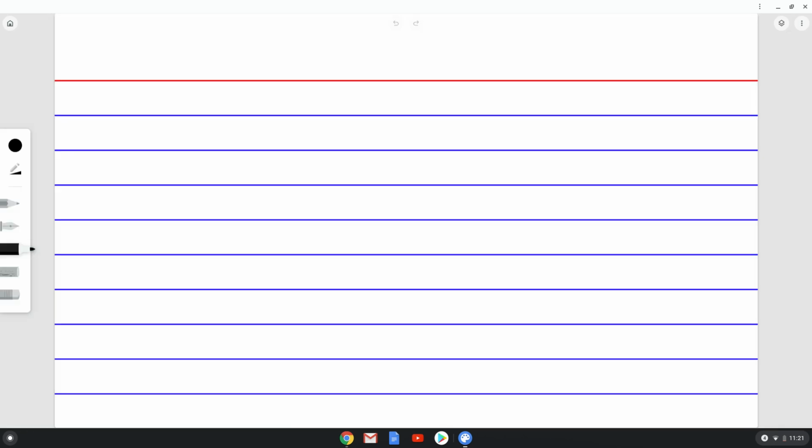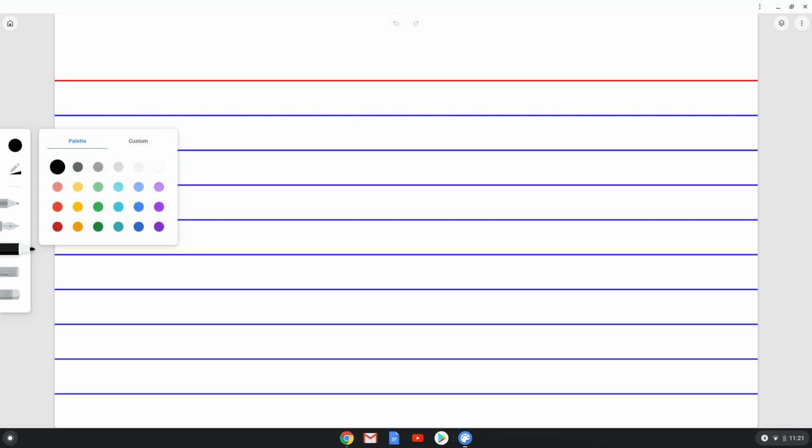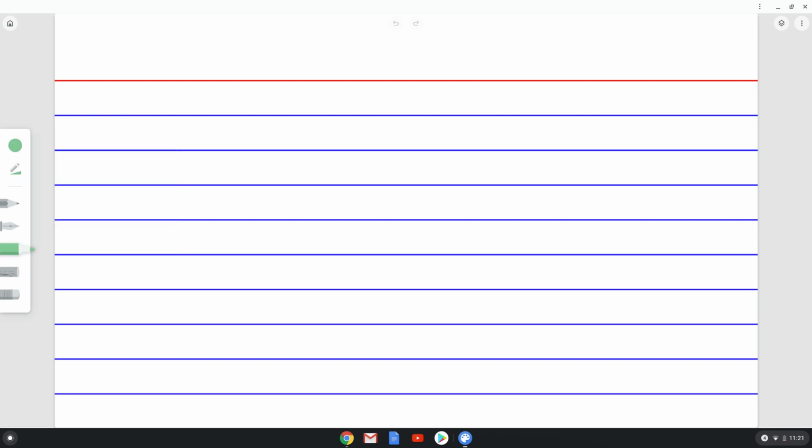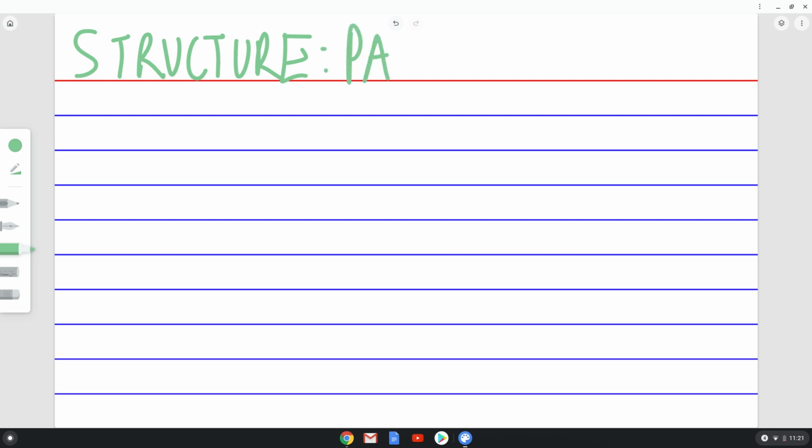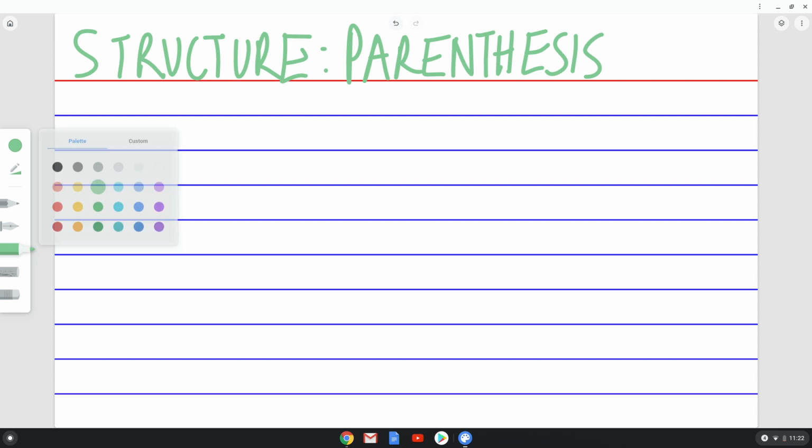And then I'm going to go for the back of that one, and I'm going to go straight into structure. And I'm going to go for parenthesis. And then I'm going to whack a few quotations on there.